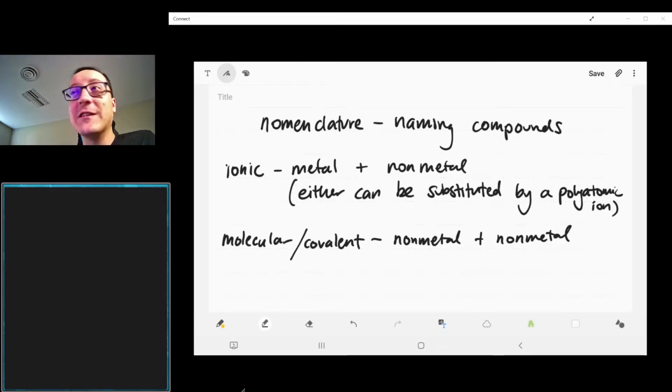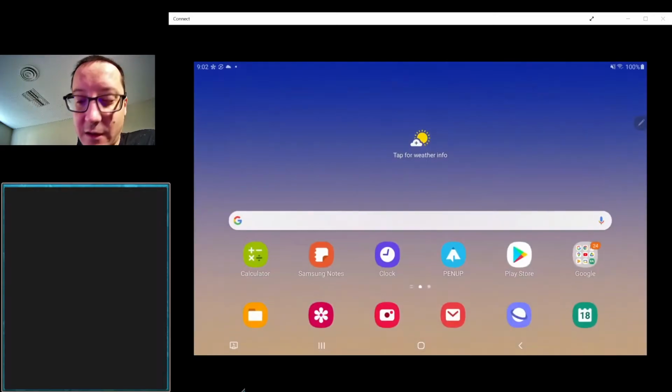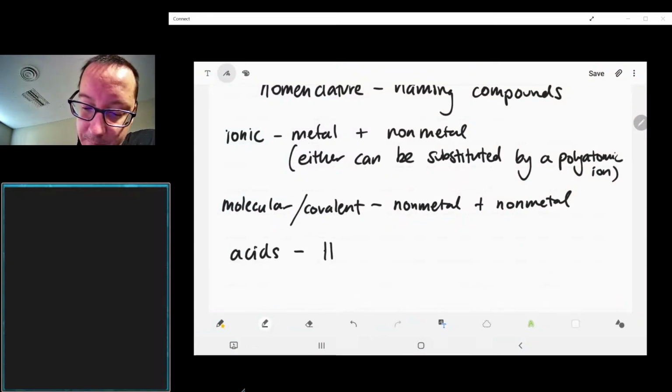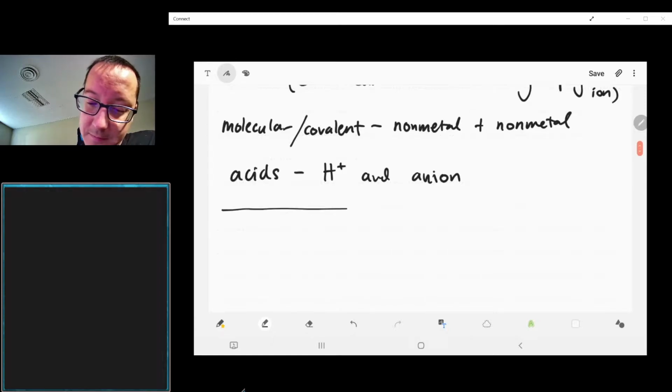We're going to have a different set of rules for non-metal. And then later on, afterwards, we'll talk about acids. They're going to have their own naming system. Those are going to be made of hydrogen ions and an anion, either polyatomic or a non-metal. But let's talk about ionic compounds first.